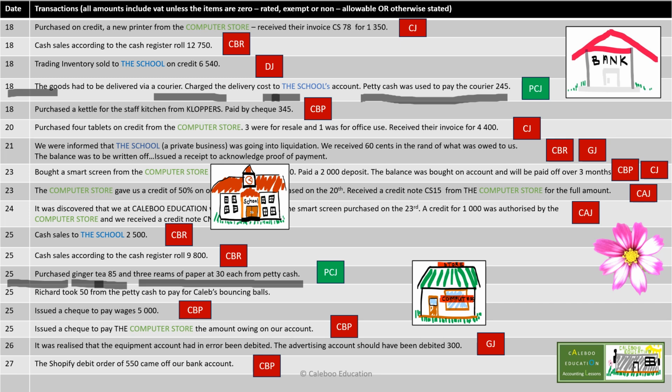We're going to have to calculate VAT on the reams of paper, the paper for the business. So it looks like an interesting transaction. Then on the 25th as well, Richard, me, the owner of the business, took 50 Rand to pay for Caleb's bouncing ball.